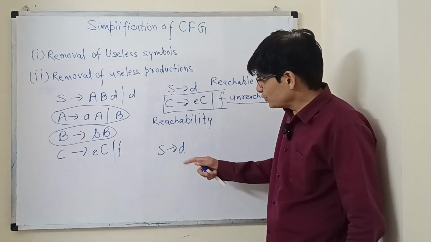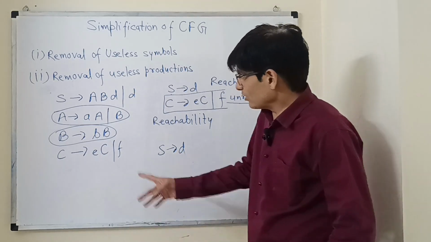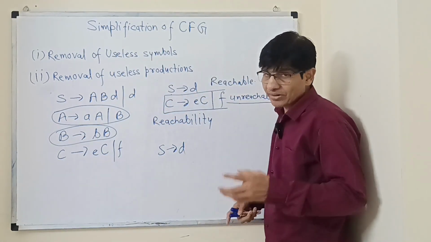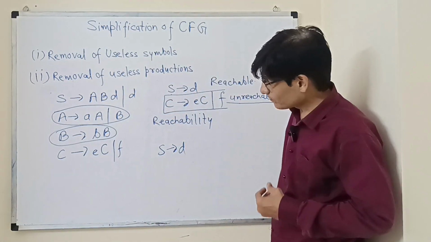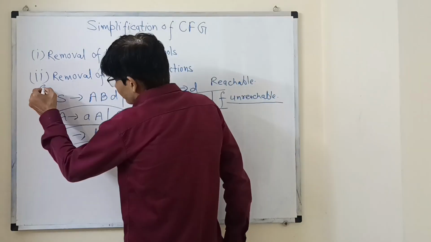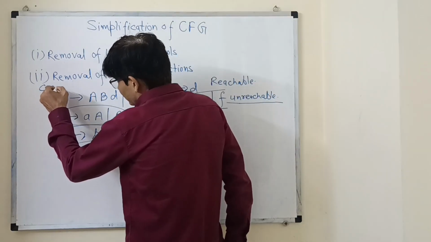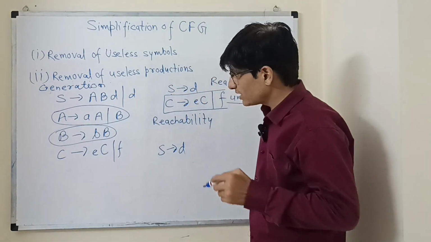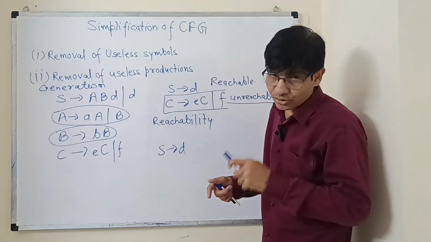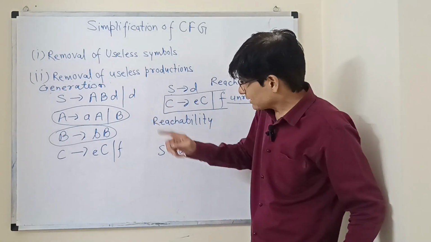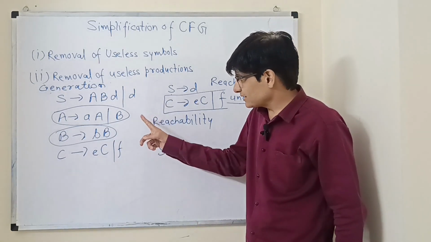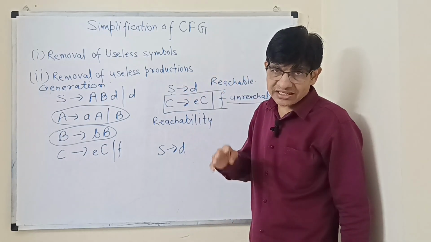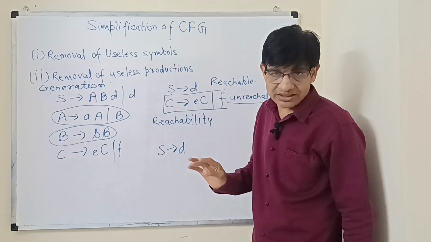So now you can understand the original grammar was this. Then we applied two criteria there. First is the generation criteria. Using the generation criteria, we divided the variables of the grammar in two different categories: one is generating and other is non-generating. So we removed all non-generating variables and their productions from the grammar.